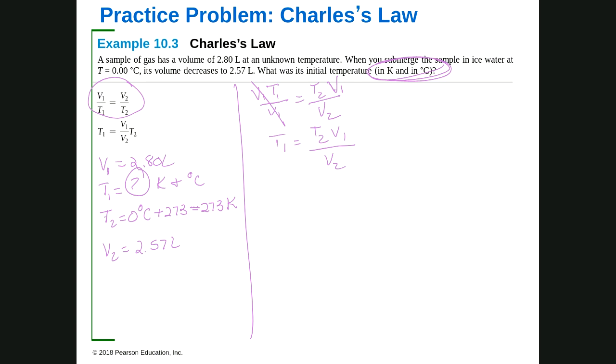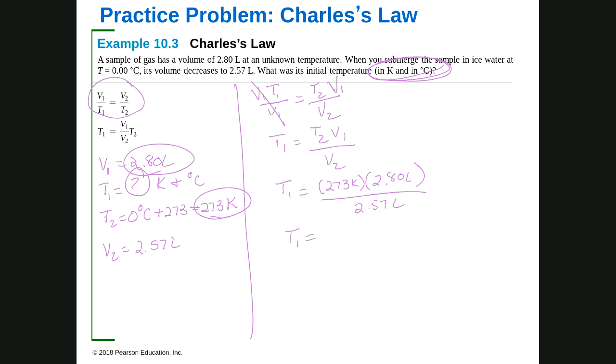Once I get to that point, I plug and play. T2, make sure you're going to the right one, 273K times V1, 2.80 liters, divided by V2, which is 2.57 liters, and that's going to give me T1 in Kelvin.